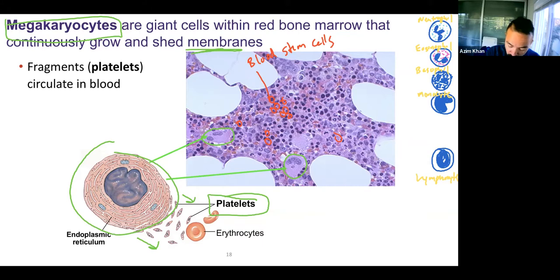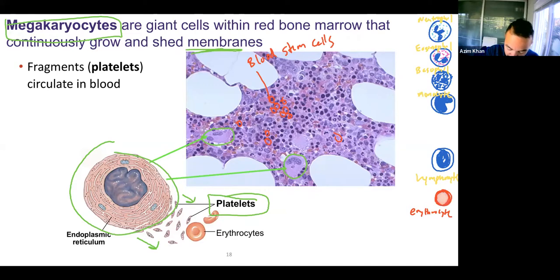If we compare that to a red blood cell, here is a standard erythrocyte. Here's a standard erythrocyte.